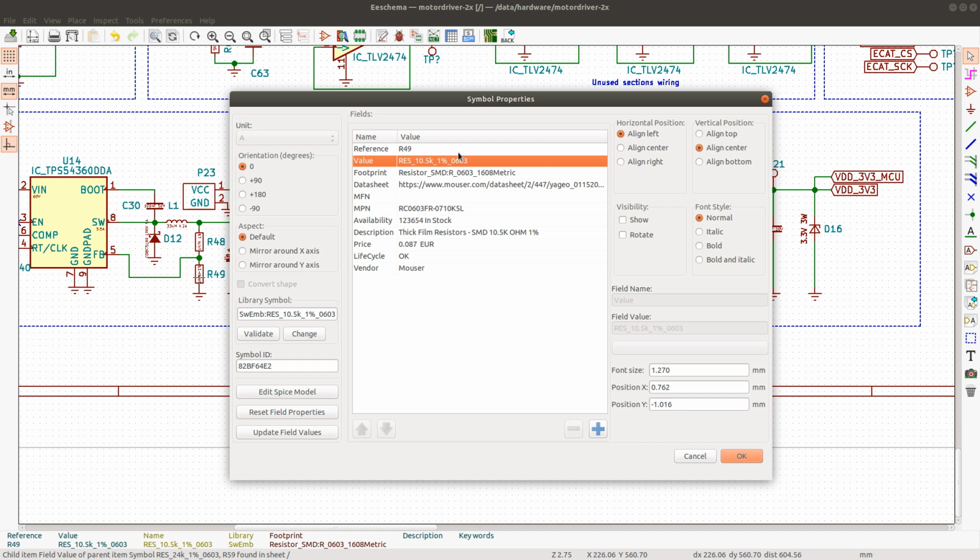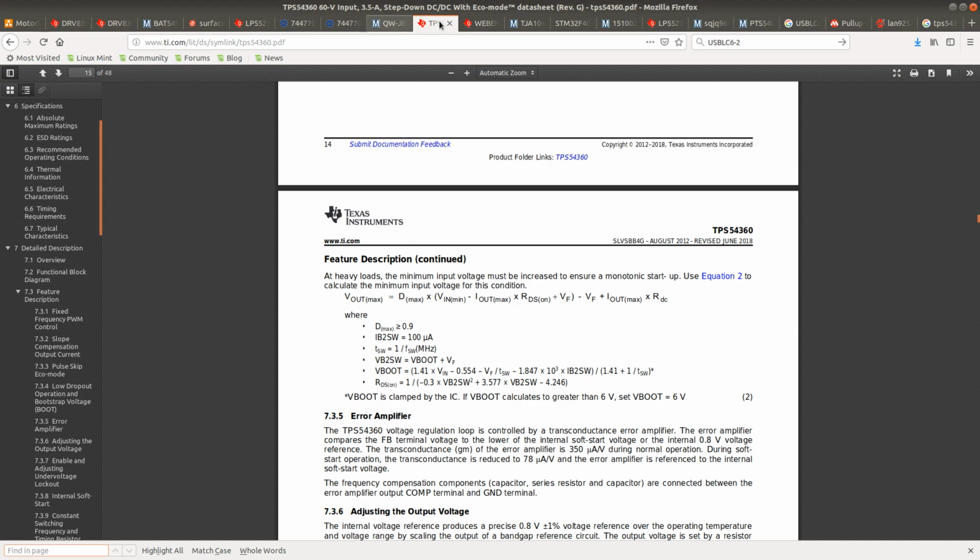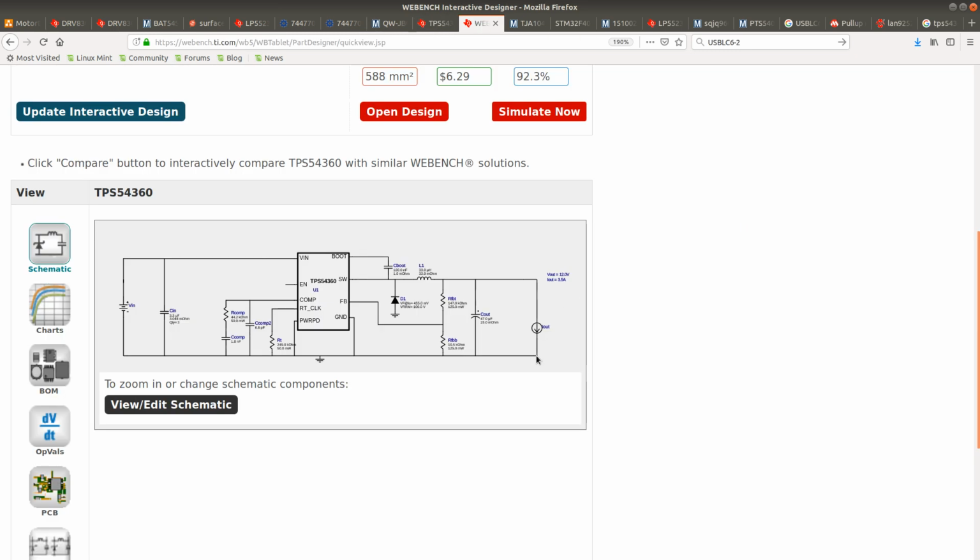Right, or maybe not actually, because there is a specification for the power dissipation here. So we need to have resistors that are rated at 125 milliwatts according to their recommendation here. So it's probably a good idea to follow this recommendation.